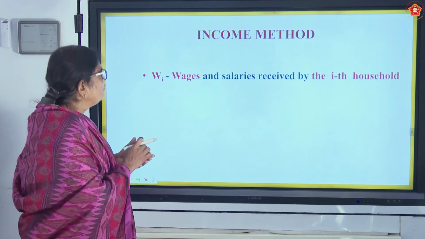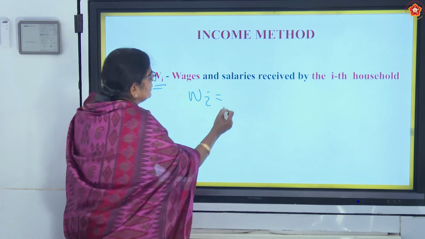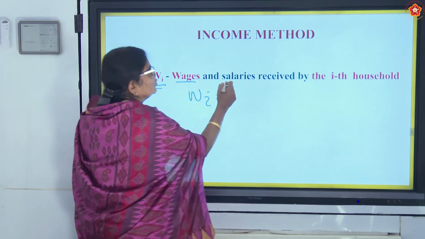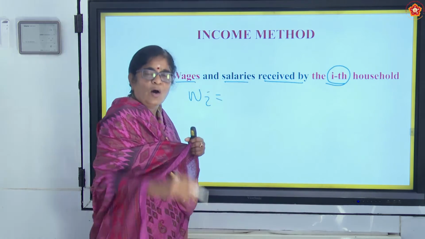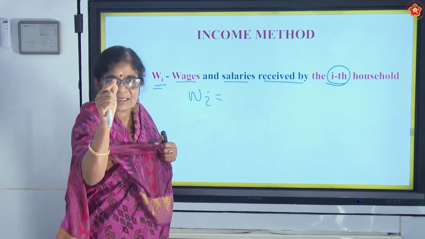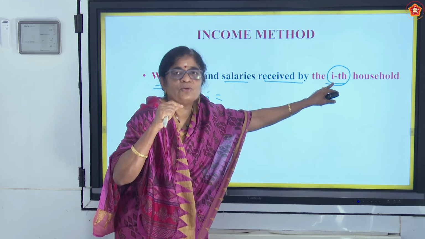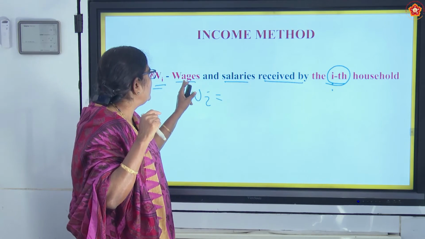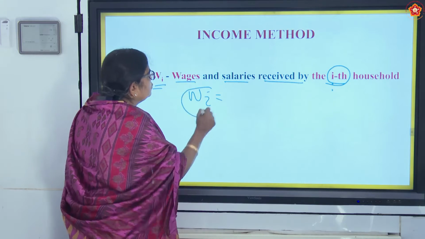Now, what are the wages? What does Wi refer to? Wages or salaries received by the ith household. Out of m households, we select one household. That household is referred to as the ith household. For that ith household, we measure the wages and salaries received by that household. That is denoted by Wi.